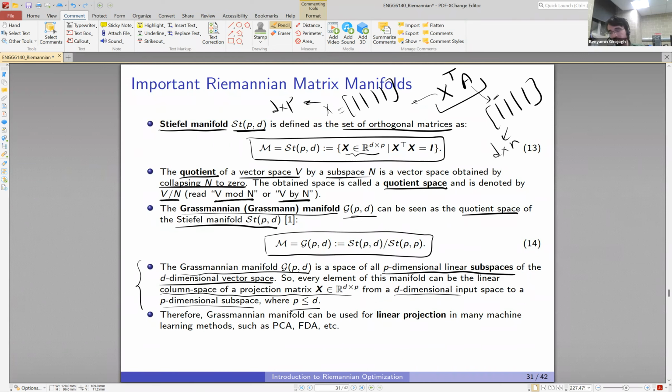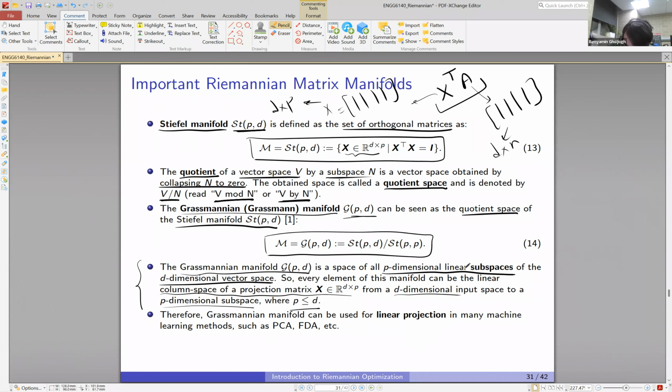So you are projecting each d-dimensional column in A onto a p-dimensional column space of X. Then the set of all these projection matrices in linear projection is a Grassmannian manifold. So Grassmannian manifold is closely related to linear projection, to projection matrices onto this column space or subspace.